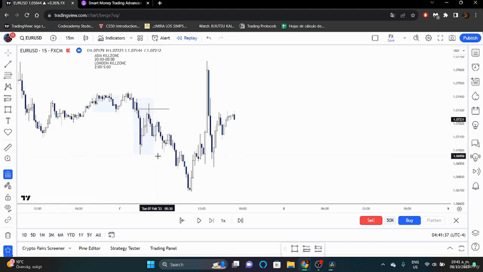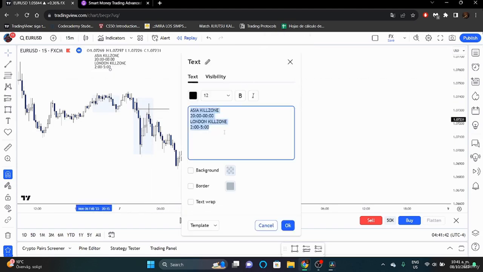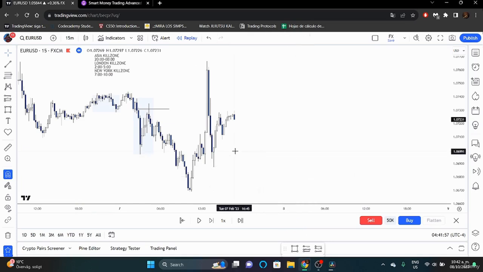Okay? Then what happens? We have our next kill zone, which is New York kill zone. From what time zone to what time zone? 7 to 10. And this will most of the times either be a continuation of London or be a reversal from London.